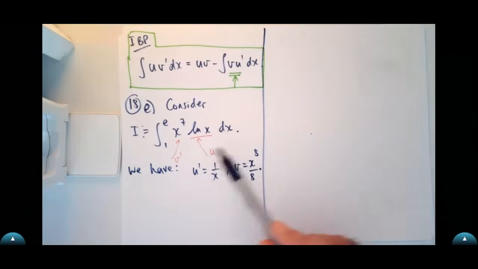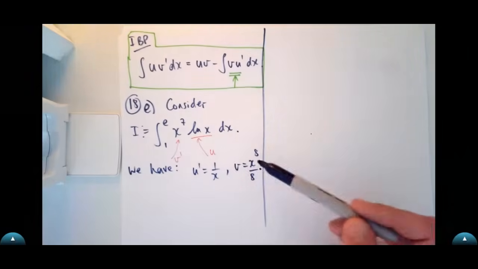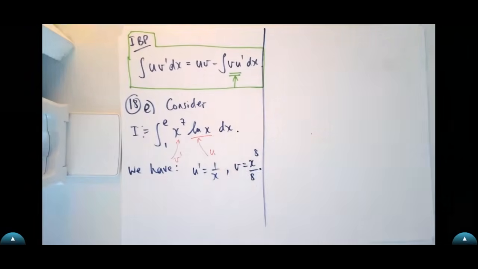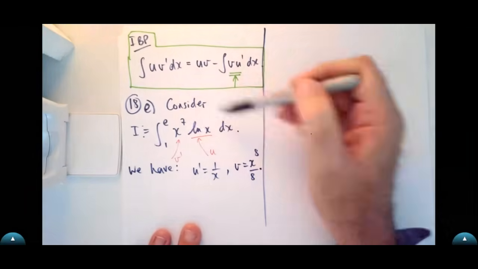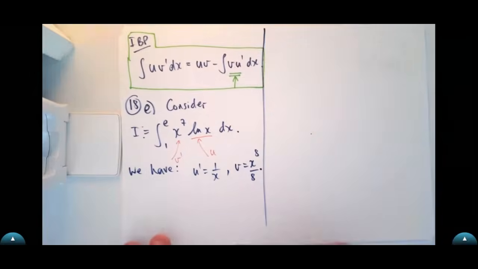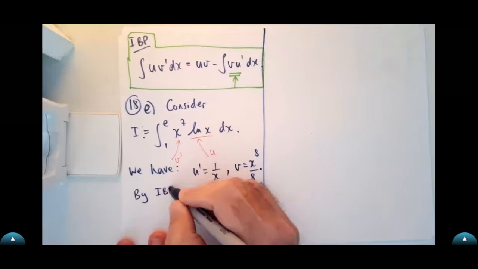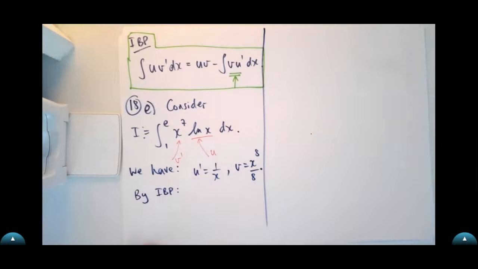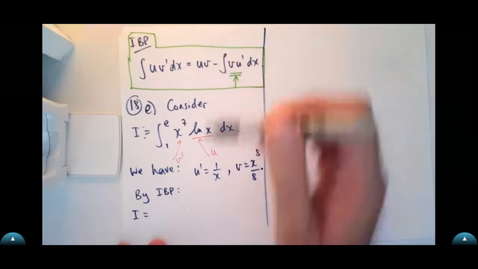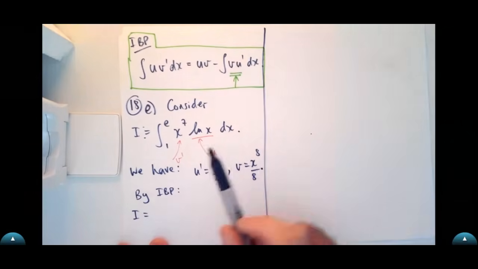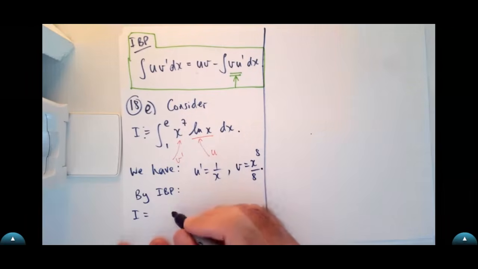We've got u, we've got v dash, we've got u dash, and we've got v. We only need four things for our formula to work. So let's keep an eye on this when we do this problem, and hopefully this is nice and simple. So by integration by parts, it is u times v. So that's my u, that's my v.